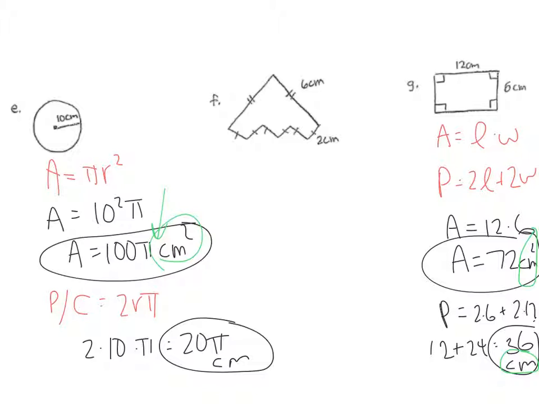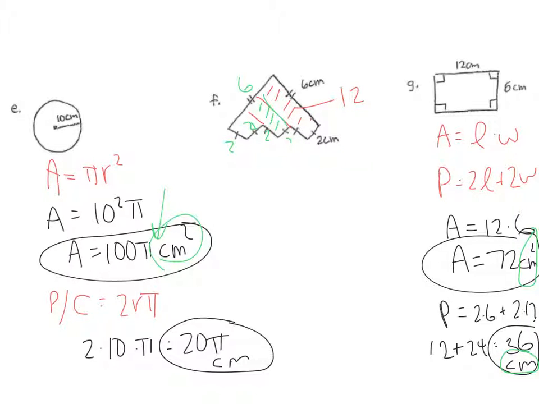And F, I'm going to show all of these tick marks mean they're worth 2, 2, 2, 2, 2. And these right here, this is 6. So I'm going to break this up into 3 rectangles. This red one is 6 by 2, which is 12. This middle one is 4 by 2.